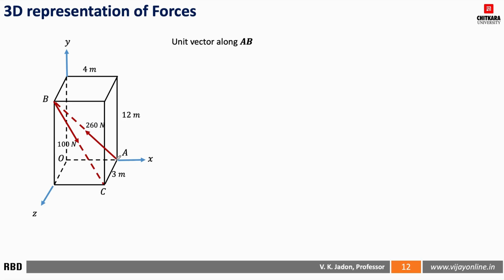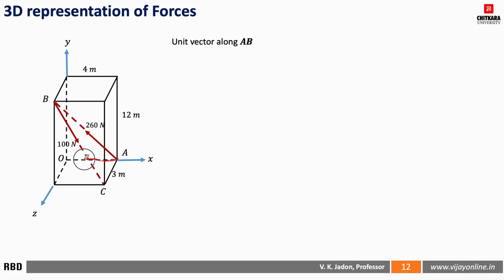For that we have to find the position vector from point A to point B. You can take the position vector from any point to any point along the line of action of this vector, but as A and B are clearly defined, we'll be taking the position vector of AB.